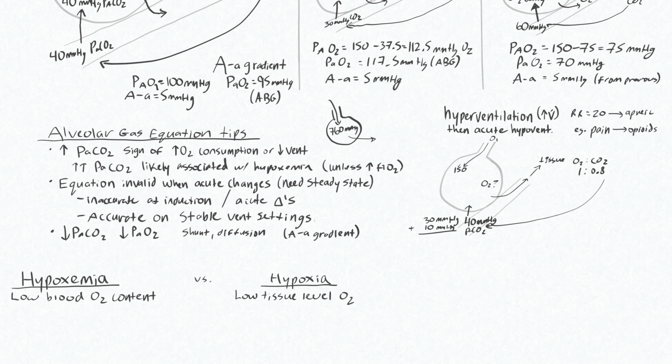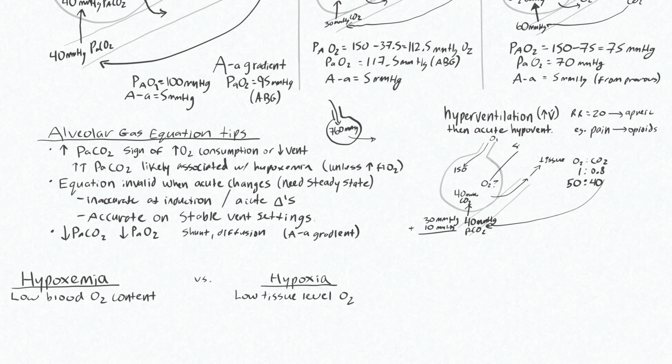Of course, this equilibrates with our alveolar CO2. So we have 40 millimeters of mercury of CO2 in the alveolus. So we know we've made 40 of CO2. And to keep these proportions, that means that we must have metabolized 50 of oxygen.